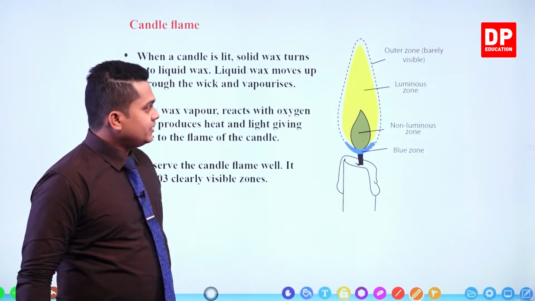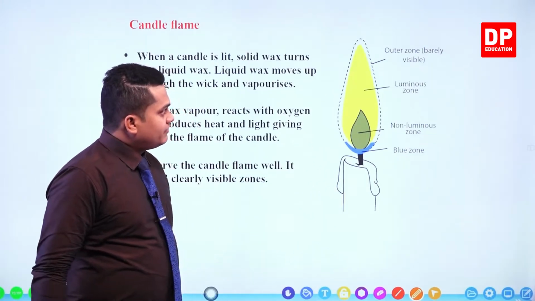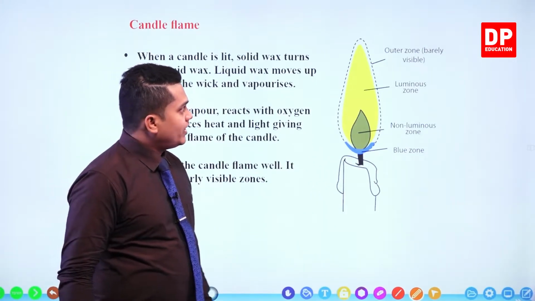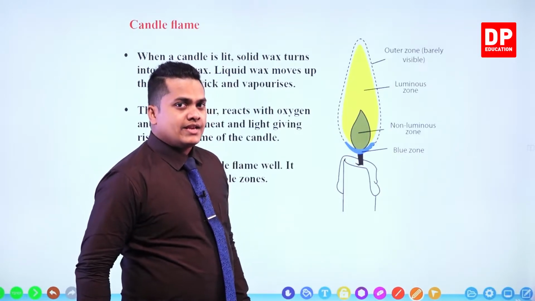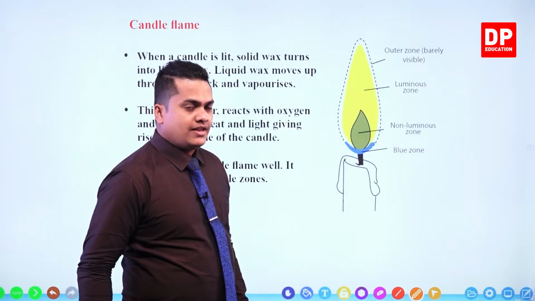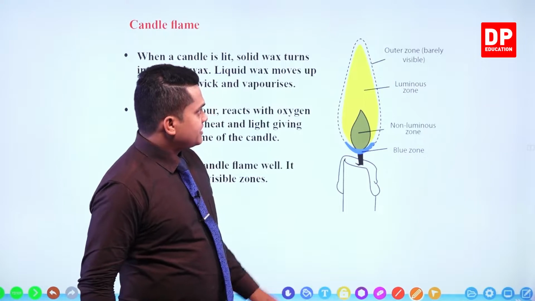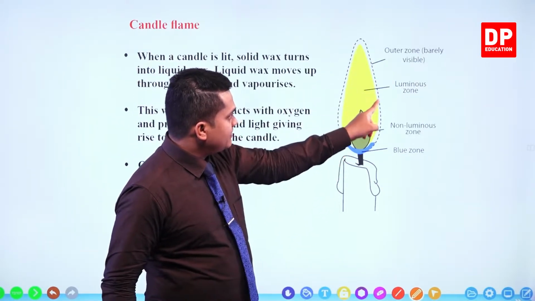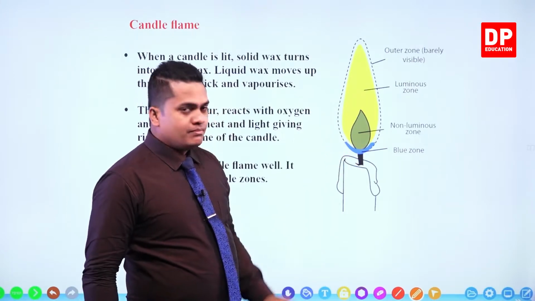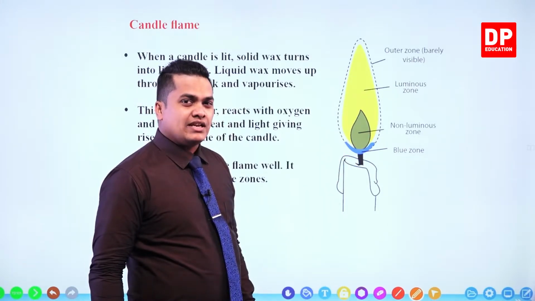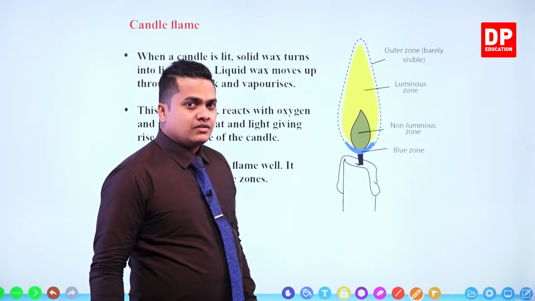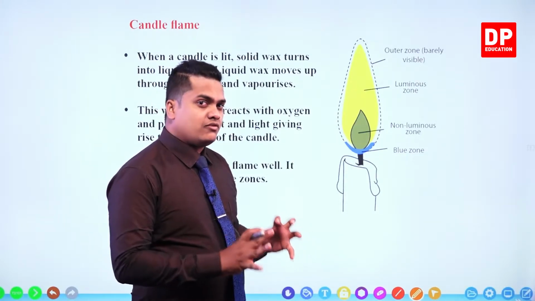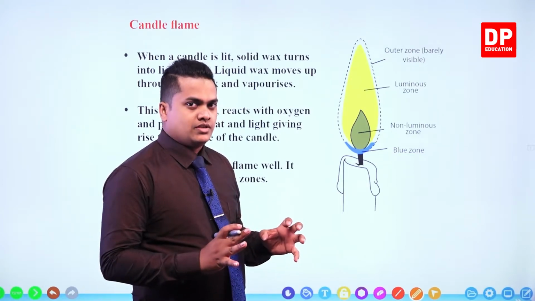My dear children, you are given a figure. In this figure, you can observe the areas related to a candle flame. First, you can observe a barely visible outer zone, very lightly visible. Barely means you have to look very carefully and closely.